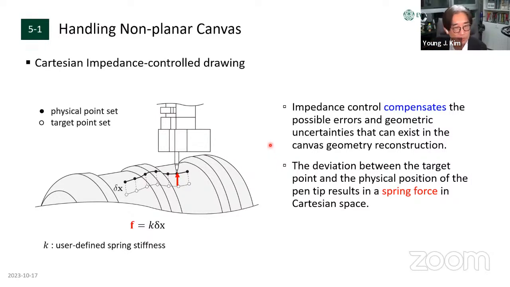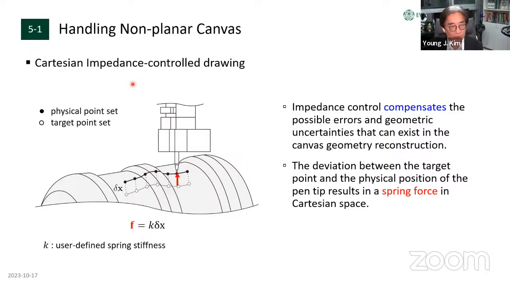In our case, we use a very well-known technique in robotics control, which is impedance control. As far as I know, impedance control is not very often used in computer graphics, but in this context, it is the perfect case to use it.